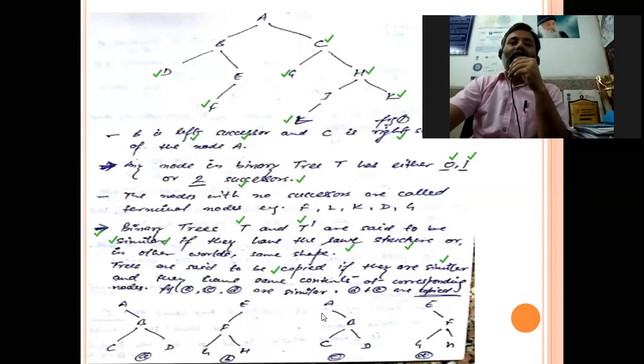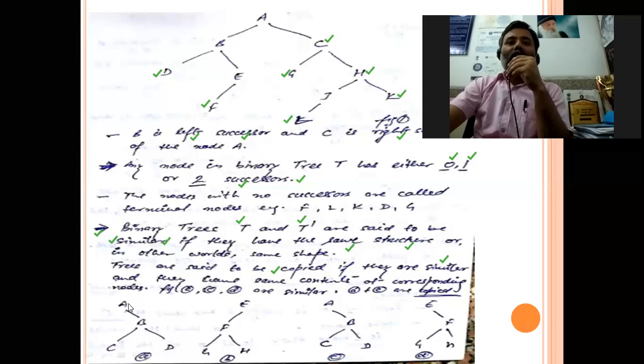But if both are copies, then it is necessary that both will be similar. For example, this figure in A and this figure in C are both similar, and this figure is a copy of this one. But this figure in D, E, F, G, H is also similar, A and D are similar, but it is not a copy.